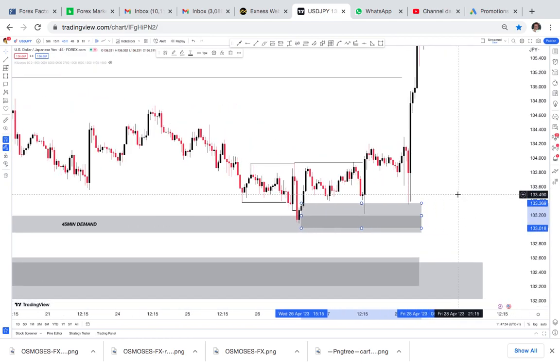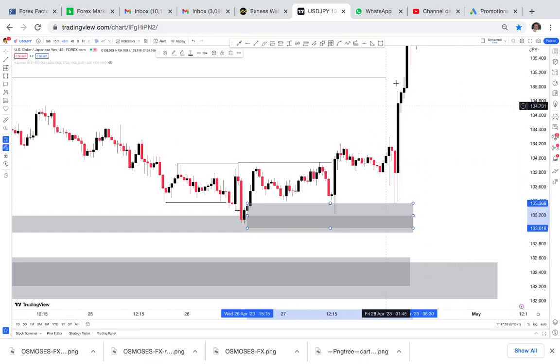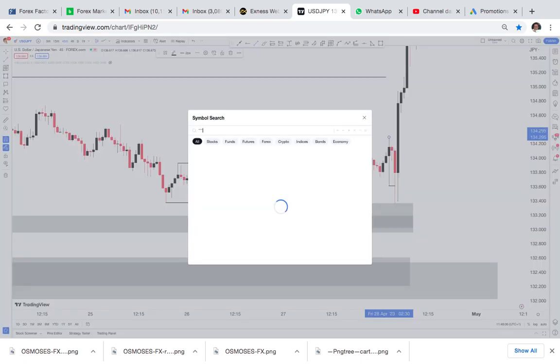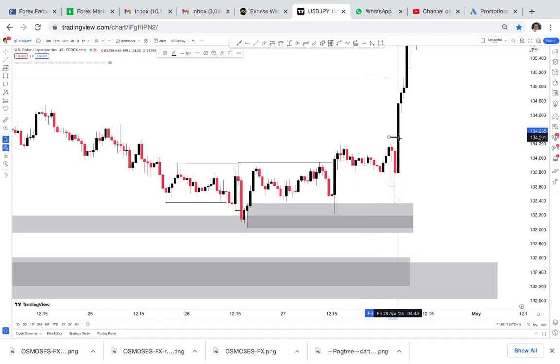So I'll be looking out for this other block. This cleared this and broke this. And broke this. What's going on? And broke this.